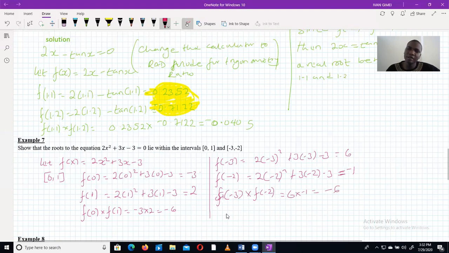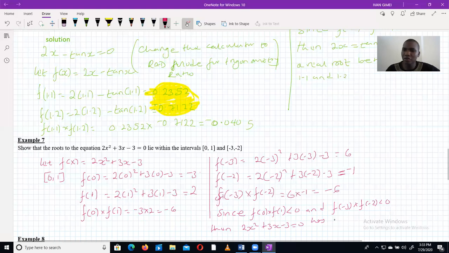And you simply say since f of 0 times f of 1 is less than 0, and f of negative 3 times f of negative 2 is also less than 0, then 2x squared plus 3x minus 3 equals 0 has roots in the intervals.